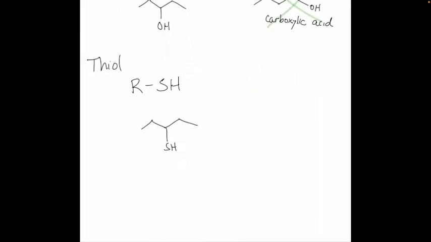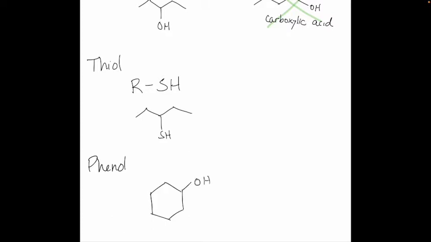And then a phenol is actually a type of alcohol, but it's very specific. A phenol is when you have an OH group bound to a benzene ring. Alcohols would be this broad class of molecules, and we see phenol as this specific example, where you have an OH group that's bound to a benzene ring.